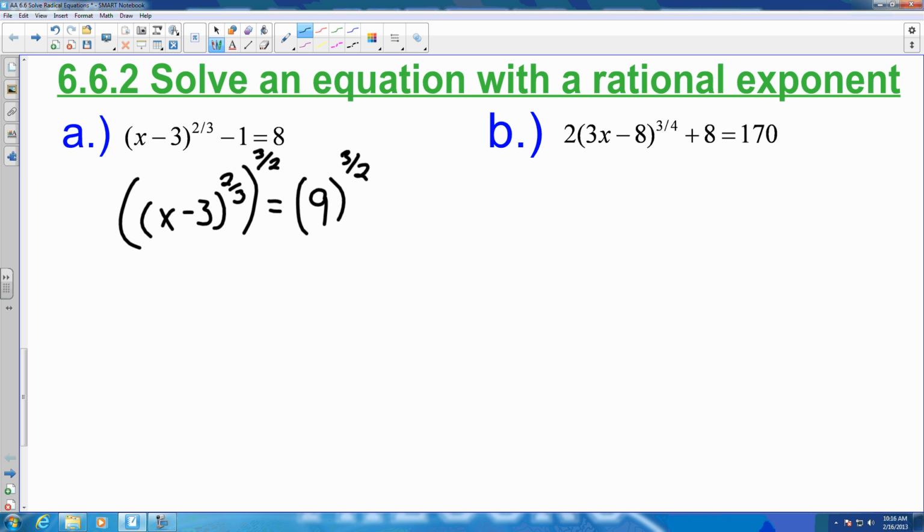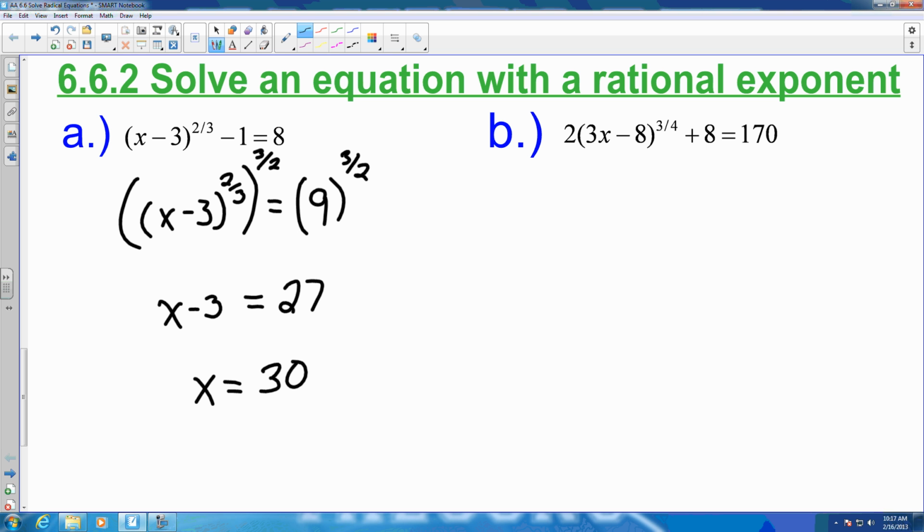So 2/3 multiplied by 3/2 gives me 1. So I'm just left with x minus 3 on the left-hand side equaling 9 to the 3 halves power, and 9 to the 3 halves power is 27. Now I can solve for x, so I'm going to add 3 to both sides, so x will equal 30.